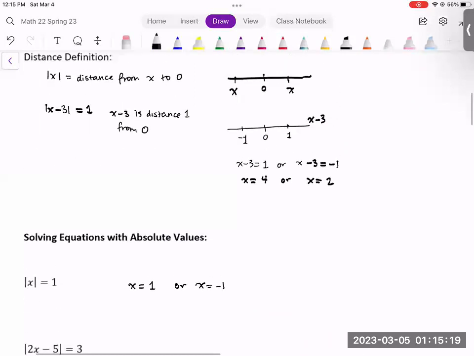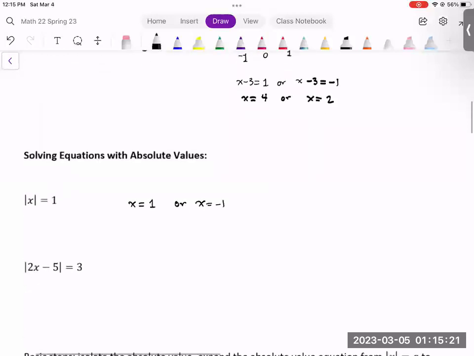If we think of it in terms of distance, this is saying our solutions are x that are distance 1 from 0.